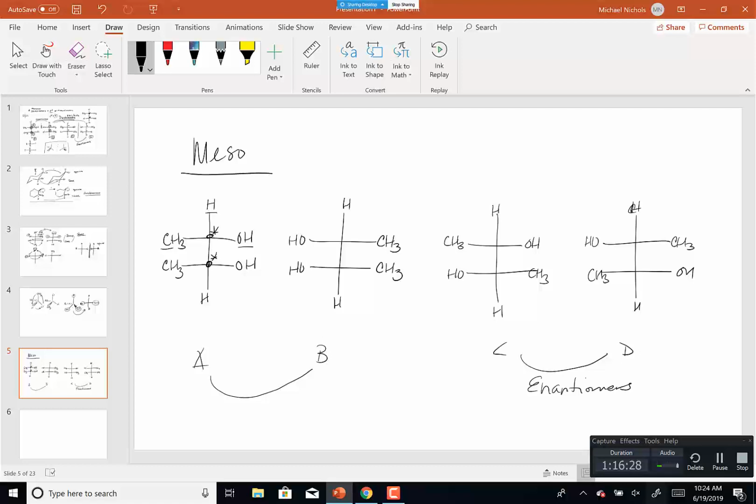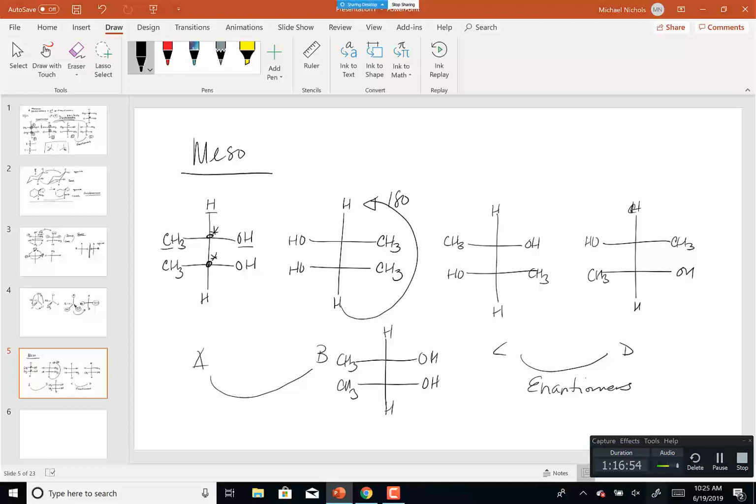But if I take this one and I rotate it in the plane of the paper, so I grab it, I rotate it 180 degrees, what's it going to look like? Well, all the methyl groups are going to go from right to left. The OHs are going to go from left to right. And the hydrogens end up in the same place.